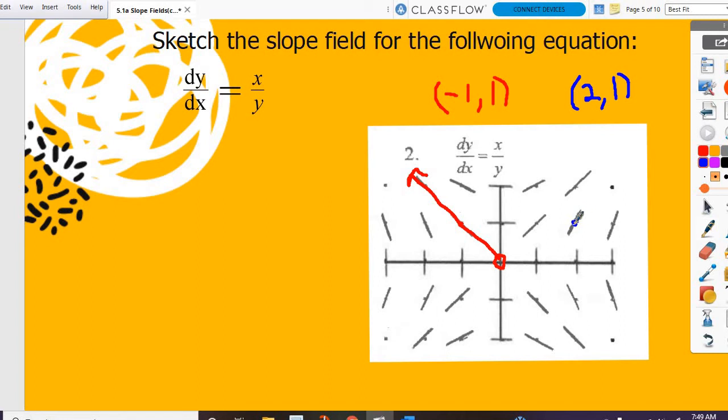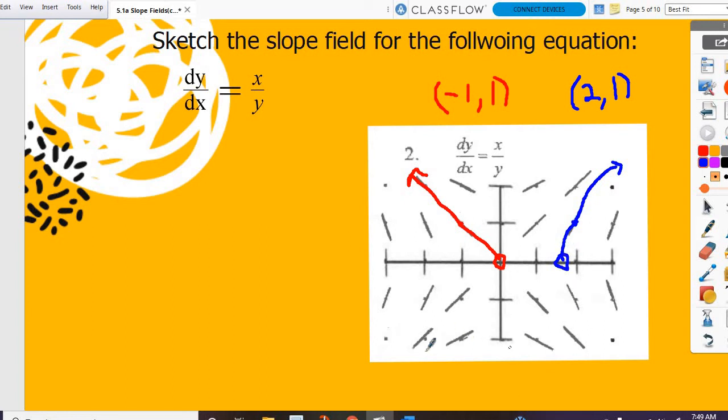So here, notice that we're going up and kind of curves over, following again the path that my slope lines are creating. And then we're going to get closer and closer to being vertical. But then once we reach the x-axis again, it would have to be undefined.